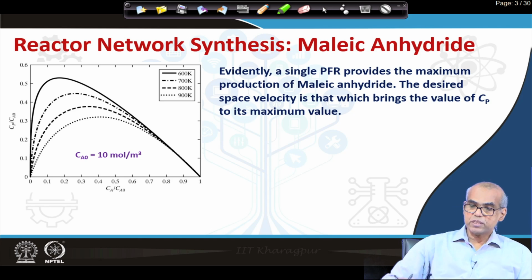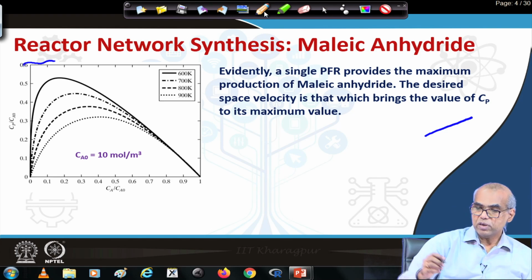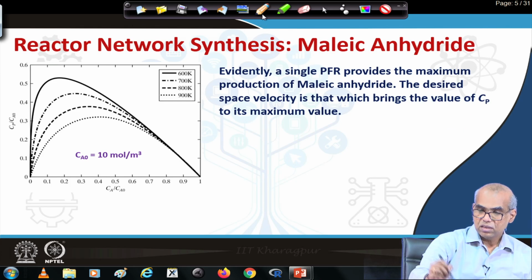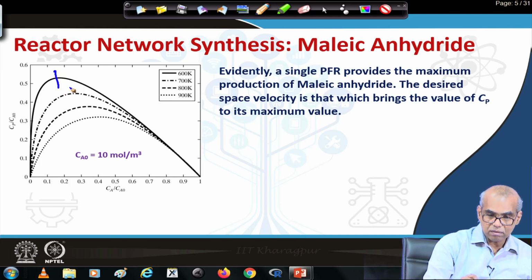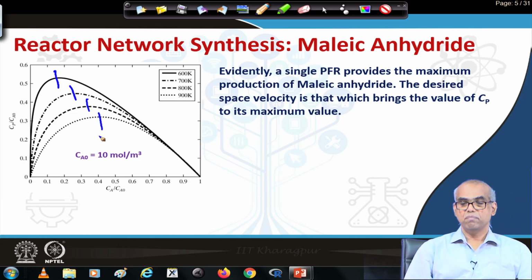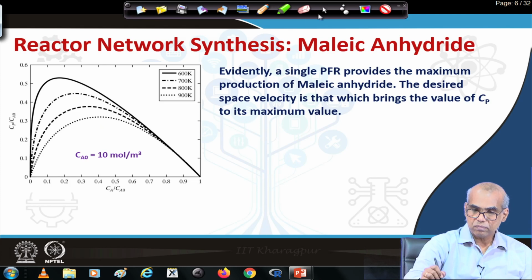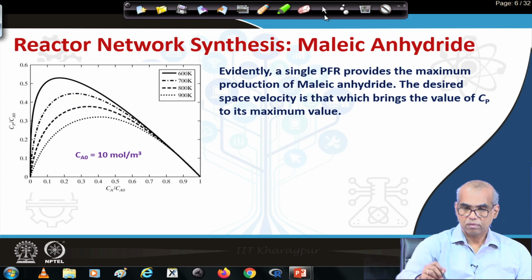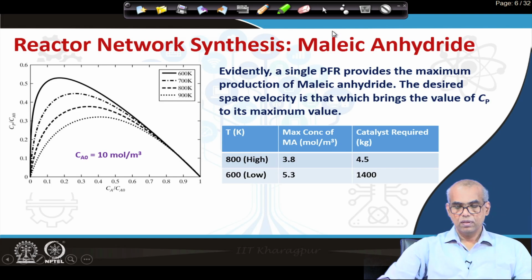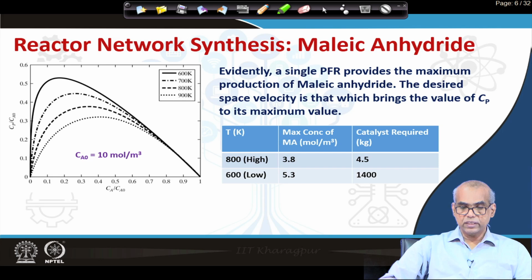So, what will be the desired space velocity? The desired space velocity is that which brings the value of Cp to its maximum value. So, you have to obtain τ corresponding to these maximum values of Cp. Now, let us look at the two trajectories corresponding to 800 Kelvin and 600 Kelvin.